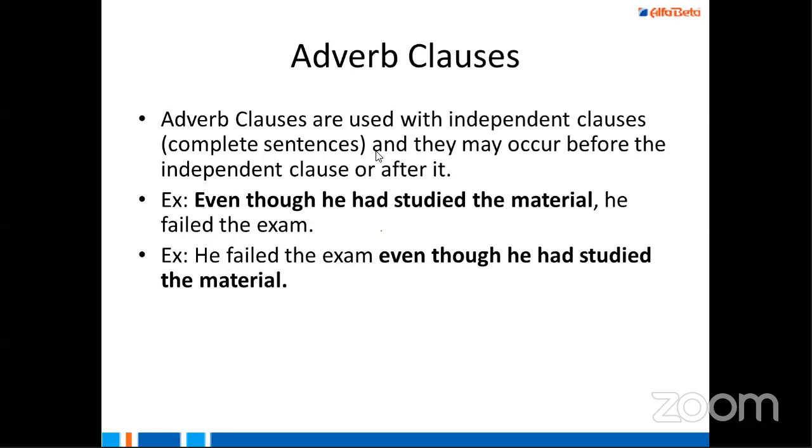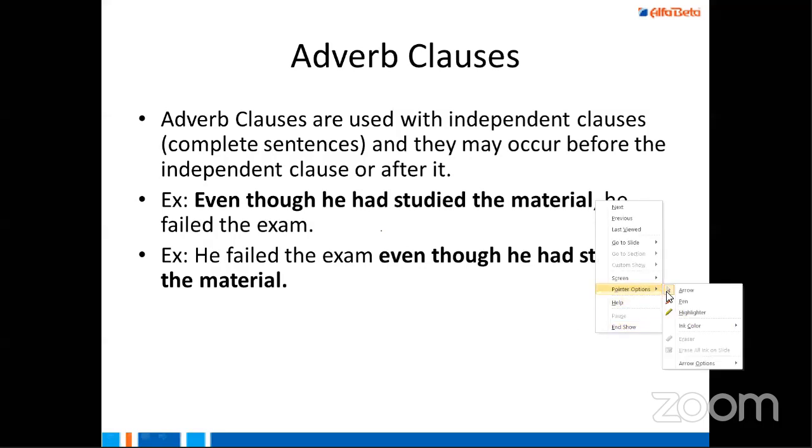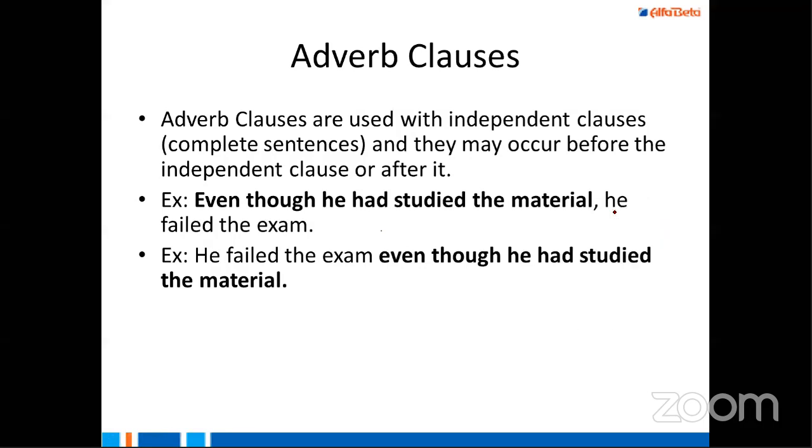Now see how the independent clause and the dependent adverb clause have interchangeable places. They can just switch positions like this. And there's a tiny difference in punctuation. Notice in this location, there is no comma.